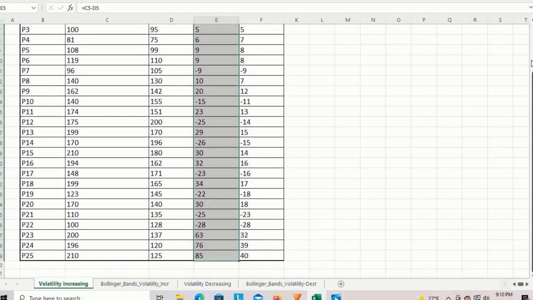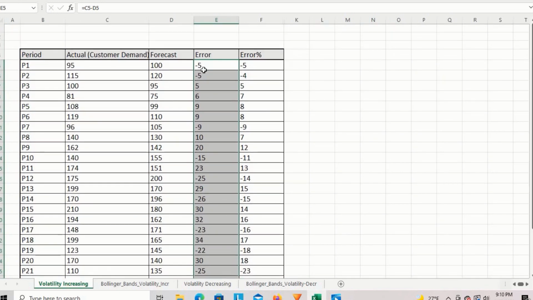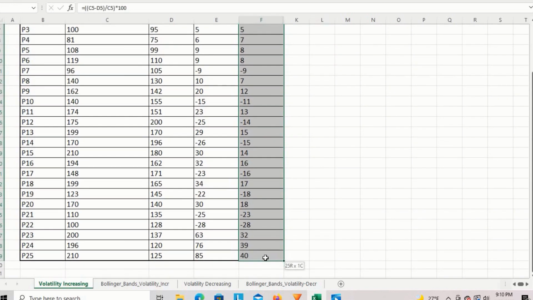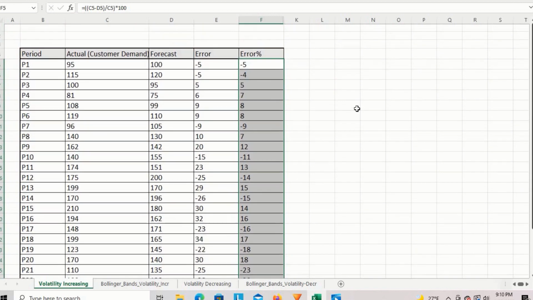For period 1, column E, you see the error as actual minus forecast. If you want to convert it into an error percentage, you can use the formula actual minus forecast divided by forecast times 100. So we did this for all 25 periods.